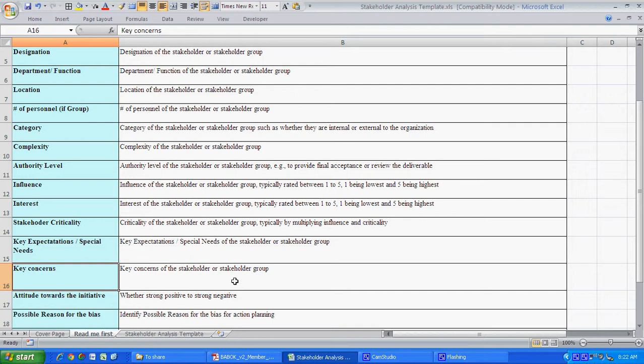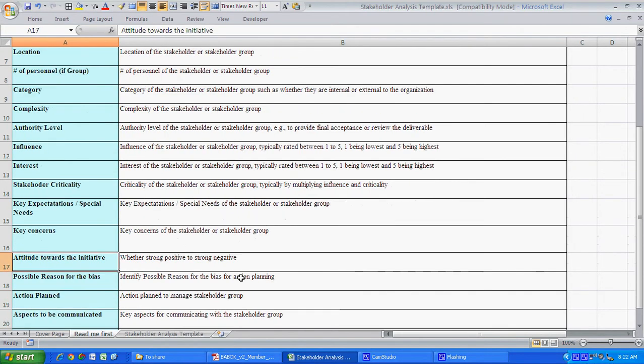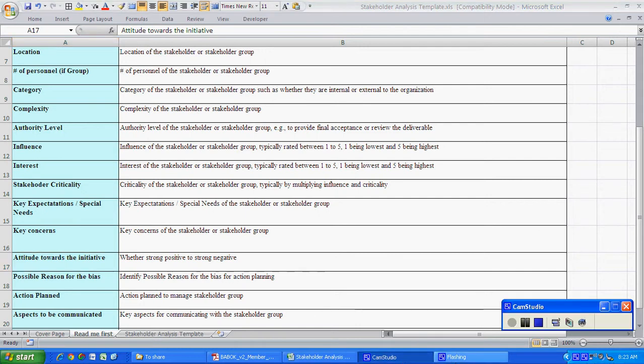If you are deploying a software solution for a company which is not very comfortable in using applications, they may have a different set of concerns. Then we also try to capture attitude towards the initiative, like whether they are strongly supporting the initiative or they are not supporting the initiative that much.